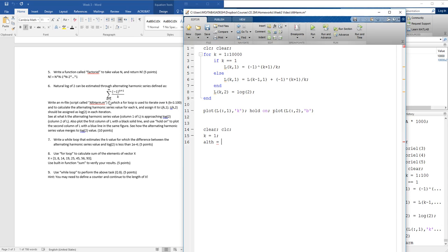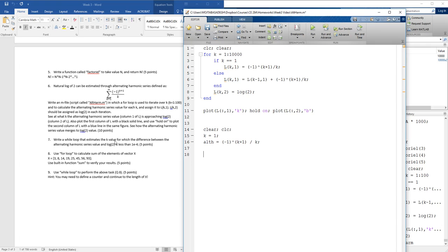If k is equal to 1, it goes from 1 to 1, negative 1 to the power of 1 plus 1 divided by 1. So negative 1 to the power of k plus 1, k is already defined as 1, divided by k.